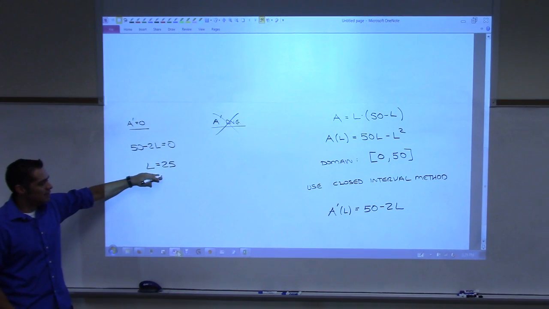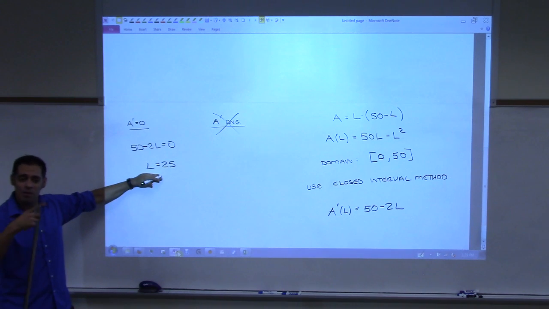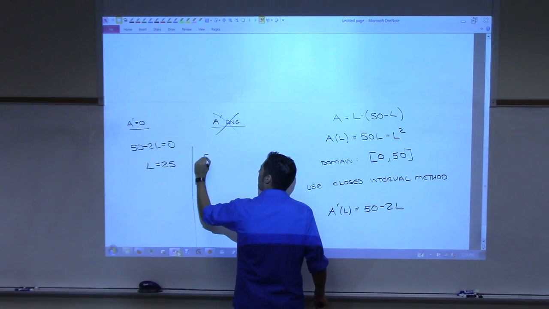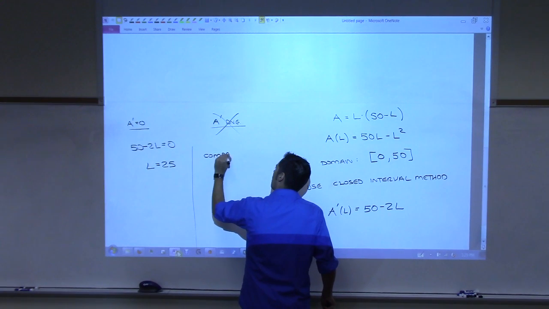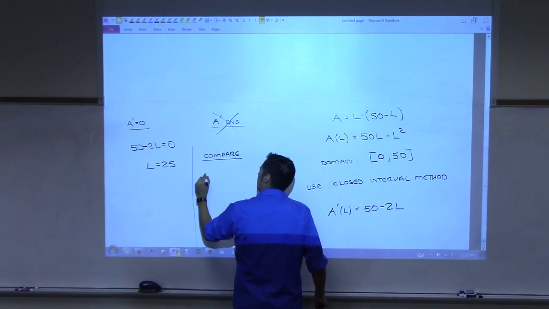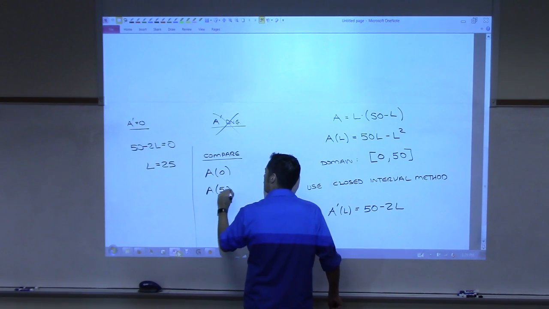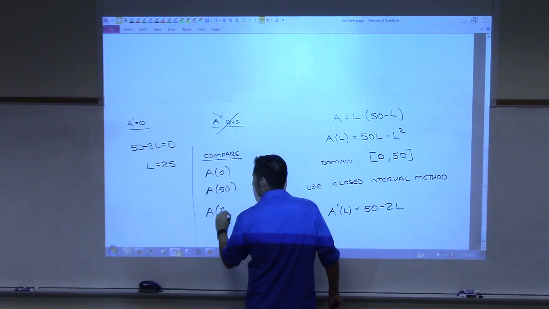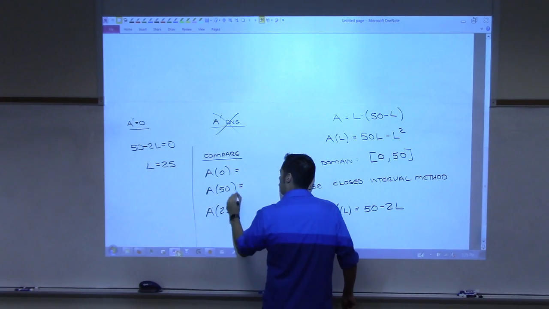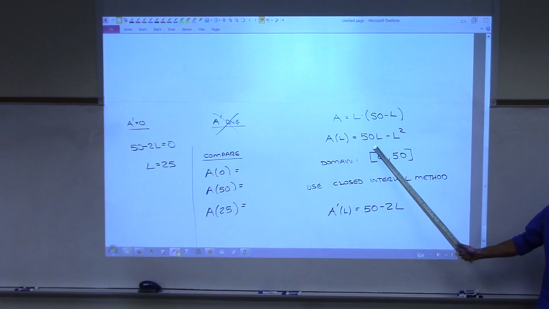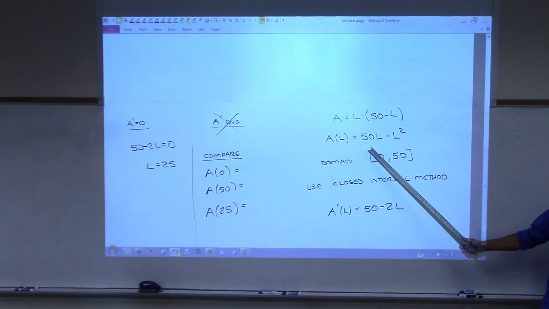Plug this L into the original function and plug what into the original function? The two endpoints, which we already know are going to give us something ridiculous. But now I'm going to compare. I do area at 0, area at 50, area at 25. And so I'm going back to the original function, not the derivative, and plugging in.